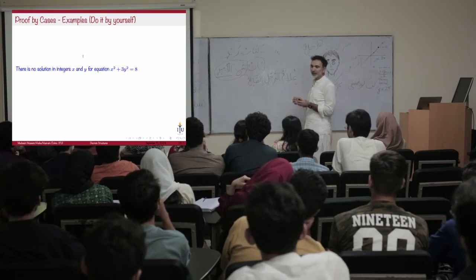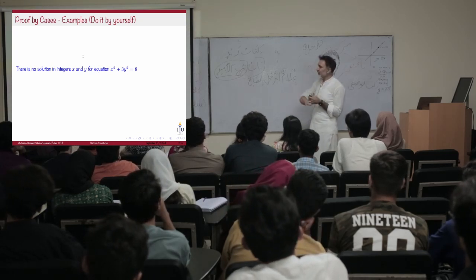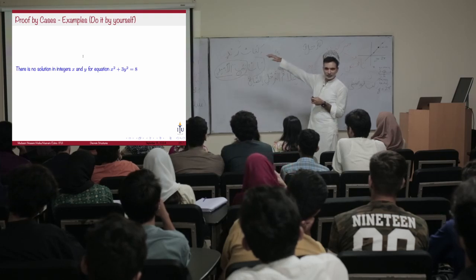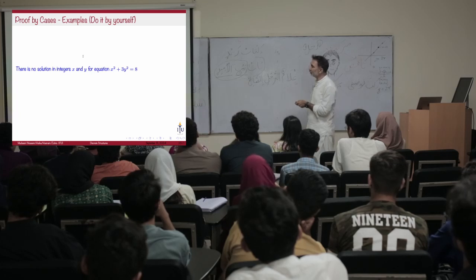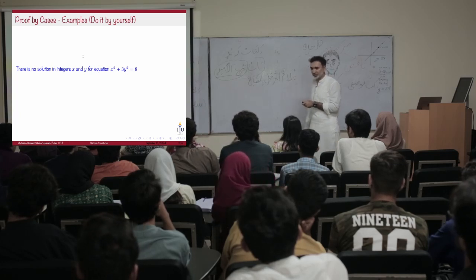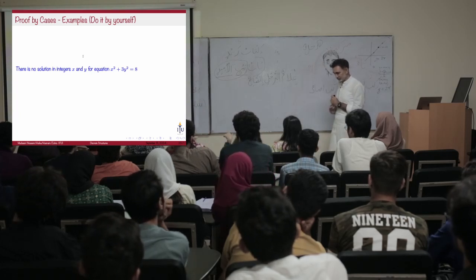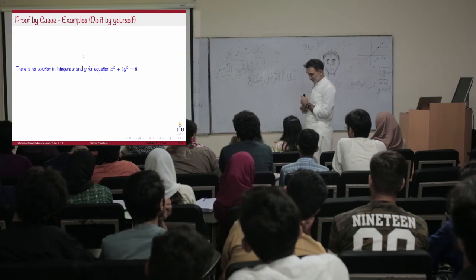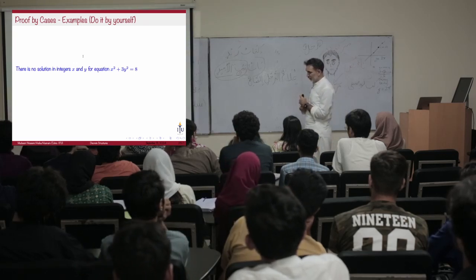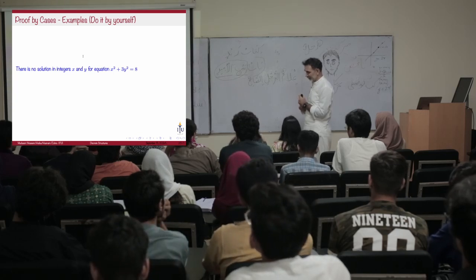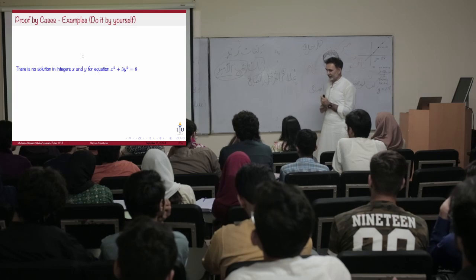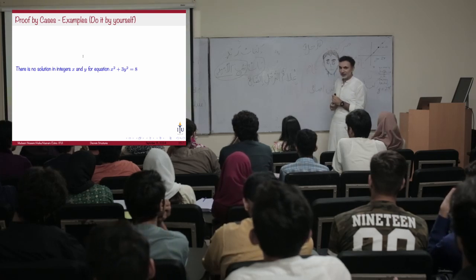So I only need to check 0 and positive integers, and at that point the equation does not have a solution. And I'm looking for integers, not points. 3y squared is always greater than 12 for all values. So it can't be less than. Yeah, that's exactly what I was looking for.